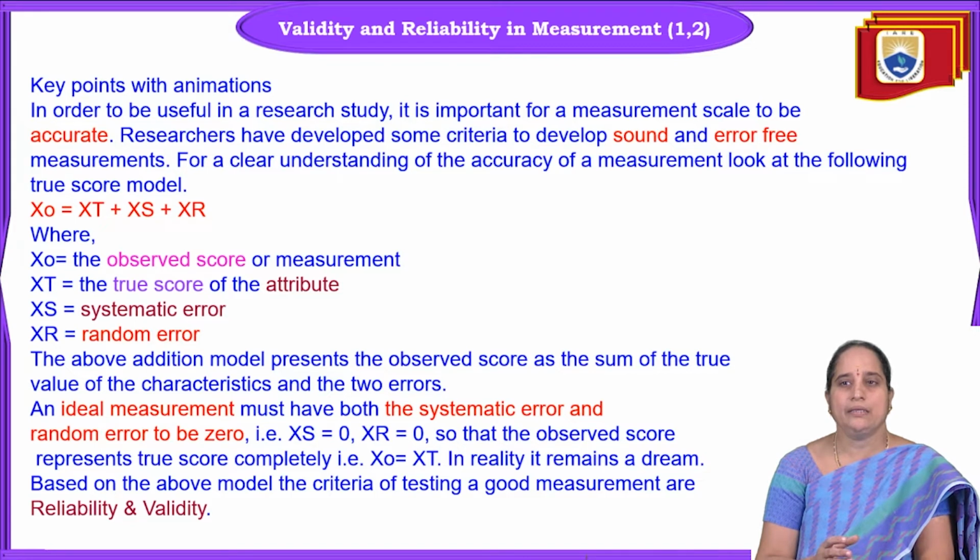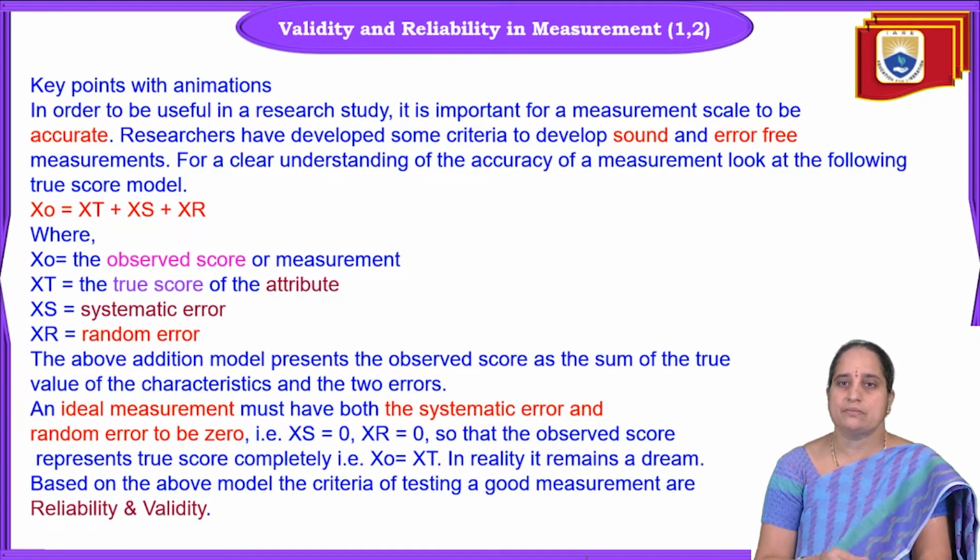In reality, it may not be possible. Why? At the time of selecting a sample, if instead of using one sampling technique you use another, it leads to systematic error, and improper use of data sources also leads to errors.